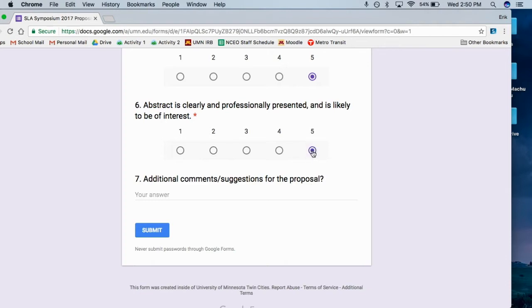If you have additional comments, I'm sure the conference organizers would be happy to hear them, but it's not required, especially if you're pressed for time. Sometimes people note if they think this was a really interesting thing, but they're not quite sure it's a good fit for this conference. Maybe it's more about sociolinguistics or computational linguistics.